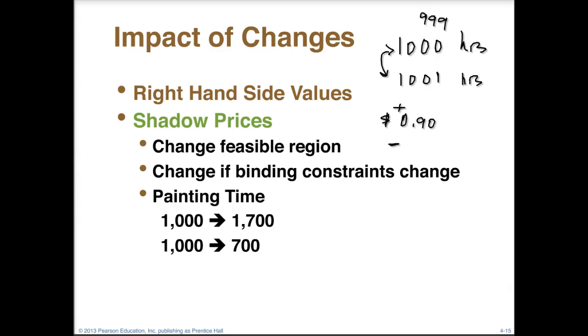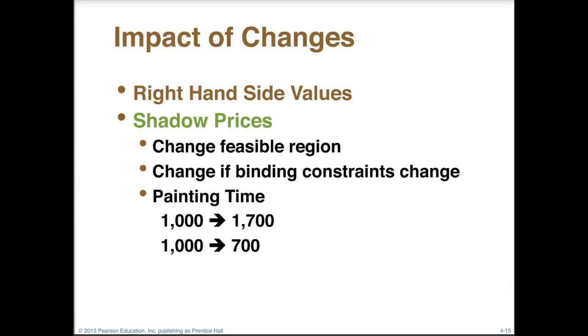So we'll look here in these cases of painting time being drastically changed from 1,000 to 1,700, and then relatively drastically changed from 1,000 to 700. So, of course, in this case we're expecting the feasibility region to increase a lot, and here we're expecting the feasibility region to decrease a lot.